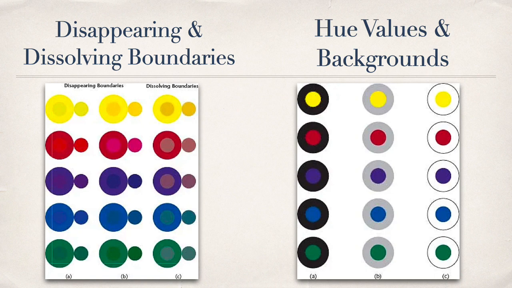In column B, when the hues are placed against the gray background, they appear to advance forward. And in column C, when they're placed on white backgrounds, their luminosity is weakened and they appear darker than what they truly are.